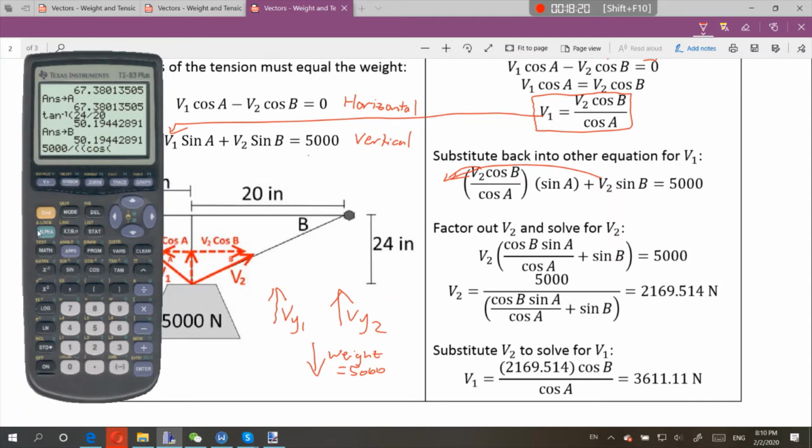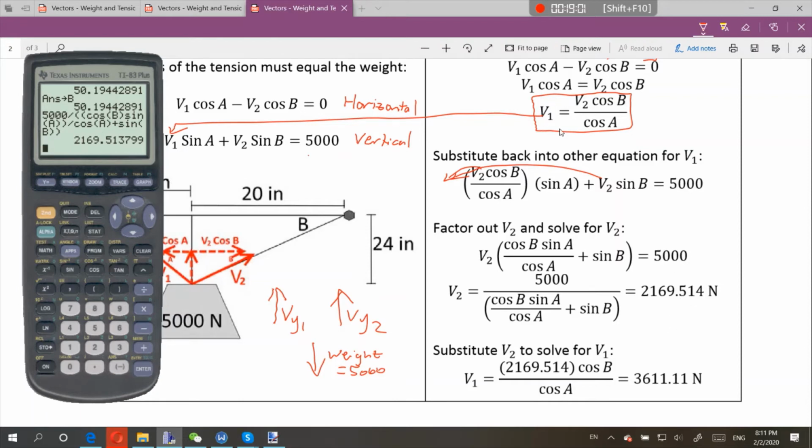So this is the cosine of B times the sine of A. I'm going to close that top part of this fraction and then divide by the cosine of A, plus the sine of B. And close that last open parenthesis I had for the entire bottom part of this fraction. That's that parenthesis there. And that gives us 2169.514 newtons is V2.